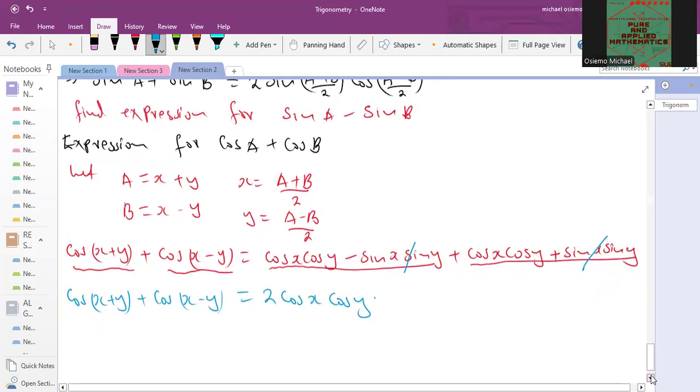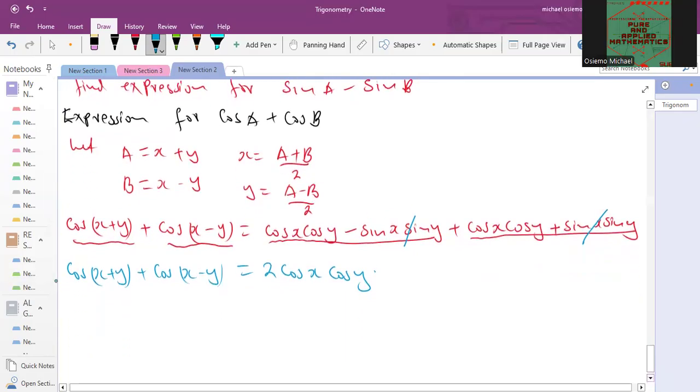But you know that x plus y is equal to A, x minus y is equal to B, x is equal to A plus B over 2, and y is equal to A minus B over 2.